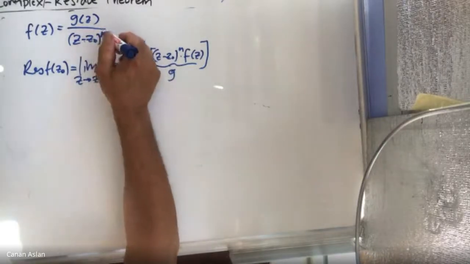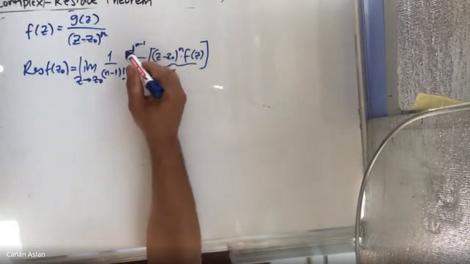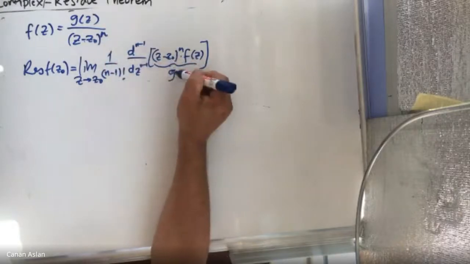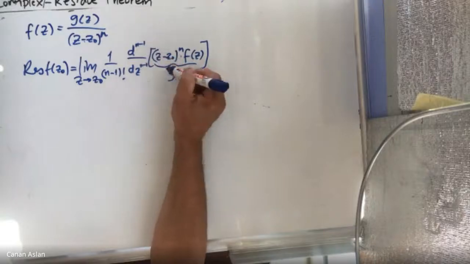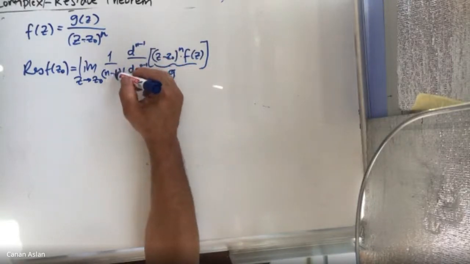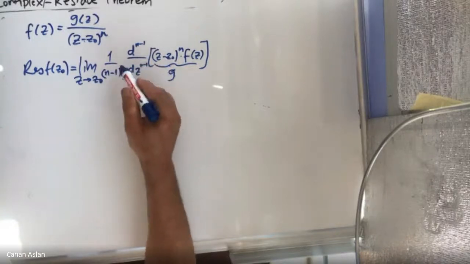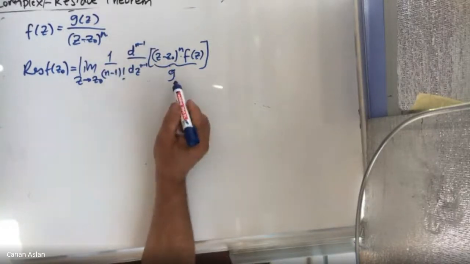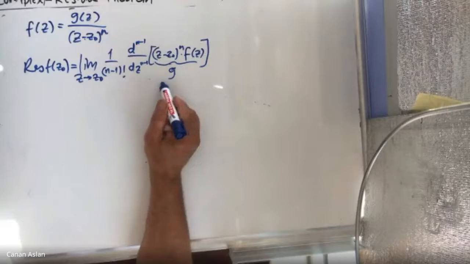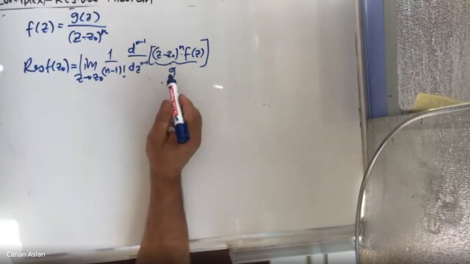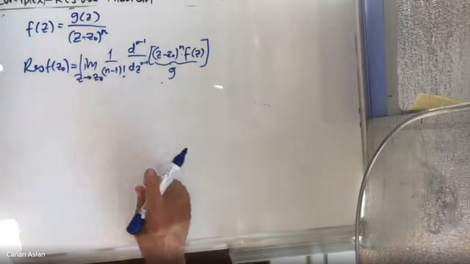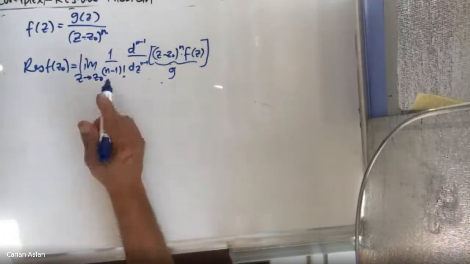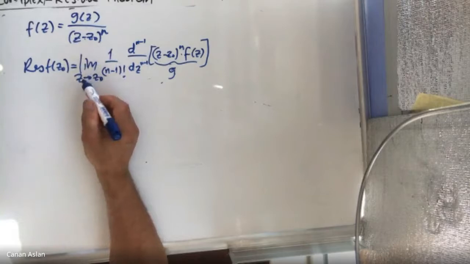When n equals 1, it was defined, but when n equals 2, it's the first derivative of g, and if n equals 3, it's the second derivative of g, divided by, of course, 2 factorial, 3 factorial. So you have to be careful with this. This is a very nice method that we can use when there are powers on the denominator other than just 1.